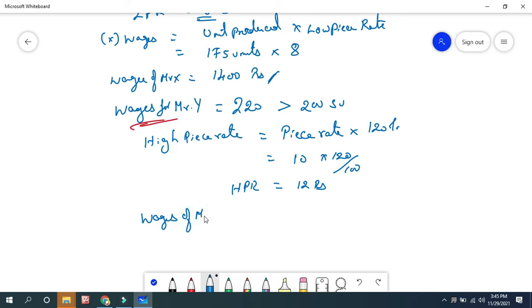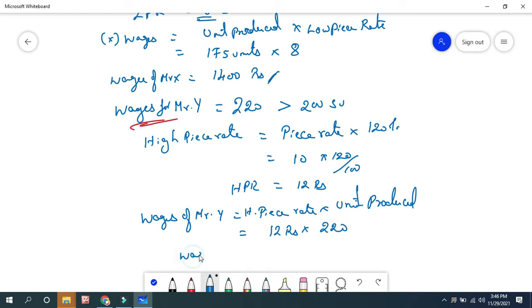So wages of Mr. Y is equal to high piece rate into units produced, right? So high piece rate is 12 rupees into units produced, 220. So wages of Mr. Y is equal to 2640 rupees.